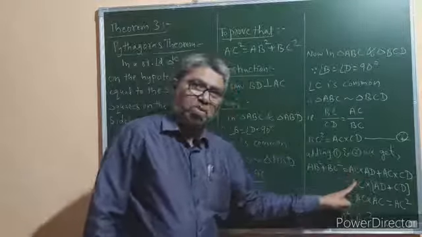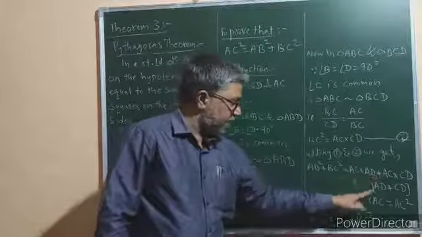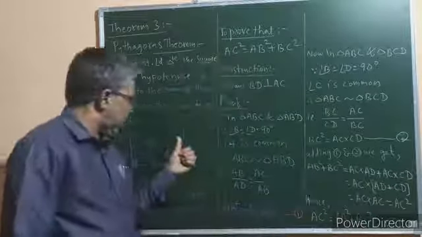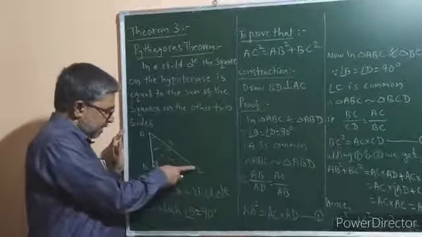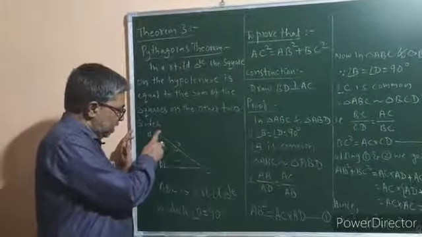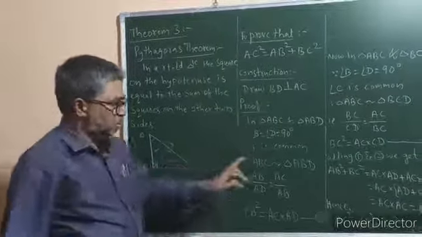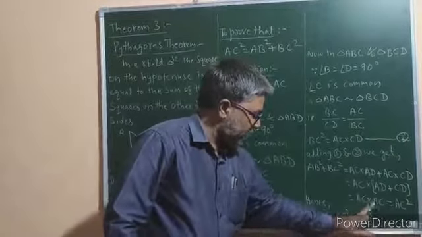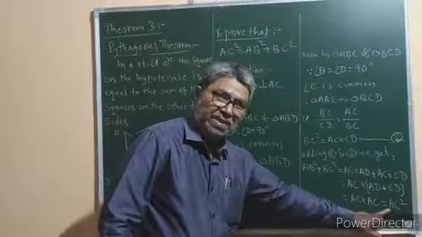Now AC is common here, take it outside, into bracket AD plus CD remains. If you look at the figure, AD and CD are the parts of AC. If you add AD to CD, you get AC. So replace AD plus CD by AC, and AC into AC is nothing but AC square.